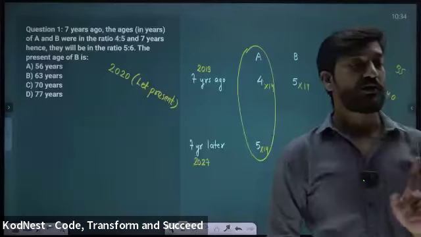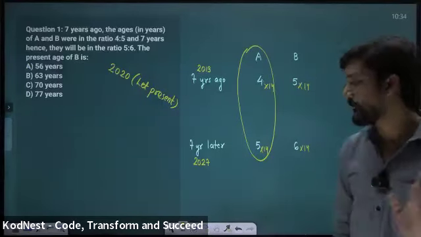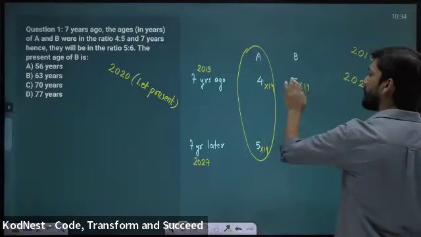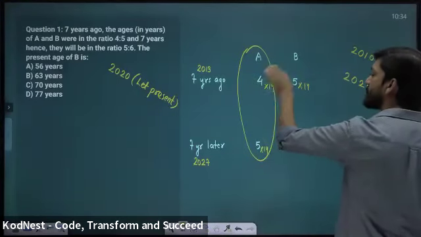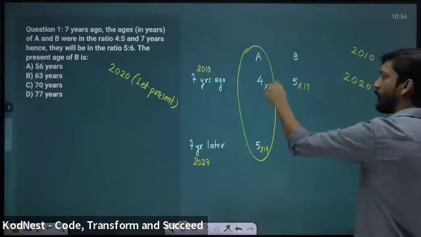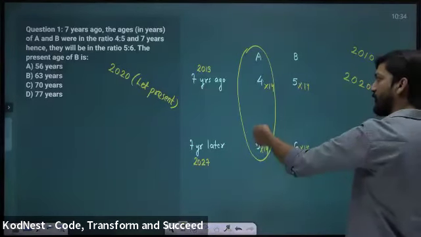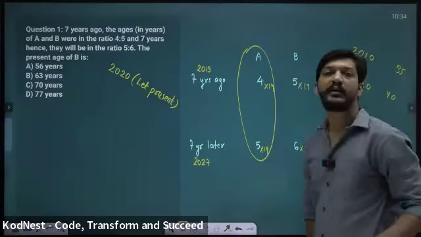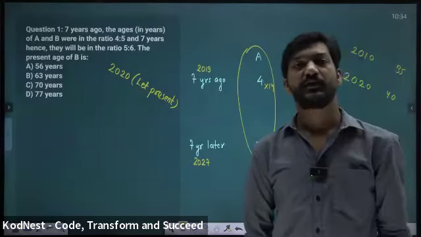Check the age difference. 14 times 5 is 70, 14 times 4 is 56. Age difference 14. Here also age difference 14. Makes sense. Everything makes sense.